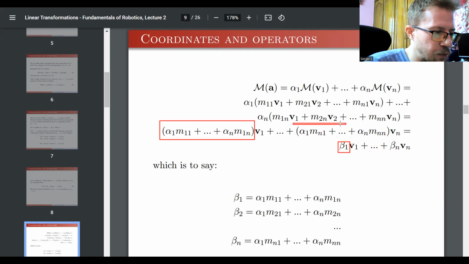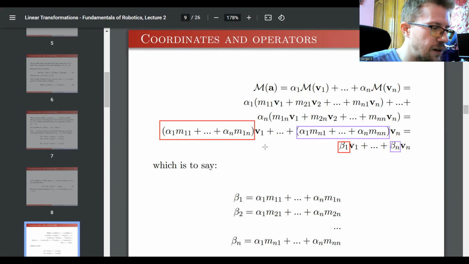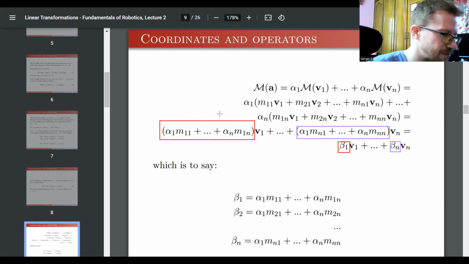This sum has to be equal to beta n, and all in between. So you have to have equivalence between what stands in front of V1, V2, Vn. I'm not proving this, but you can prove it. The way you prove it has to do with the fact that V1, V2, Vn are linearly independent, and they are linearly independent because they are a basis.